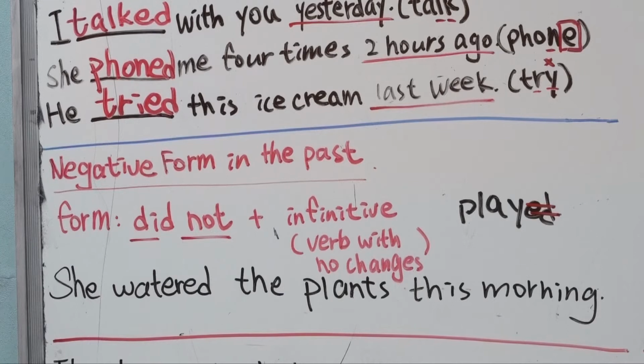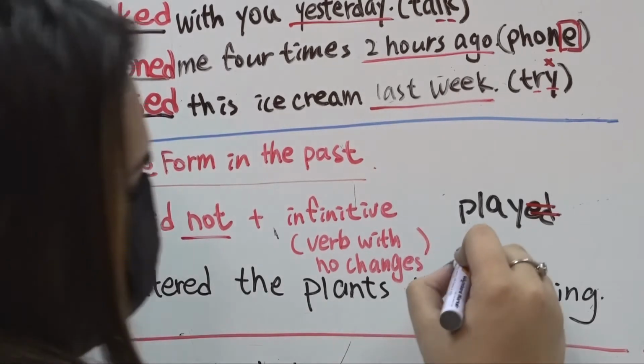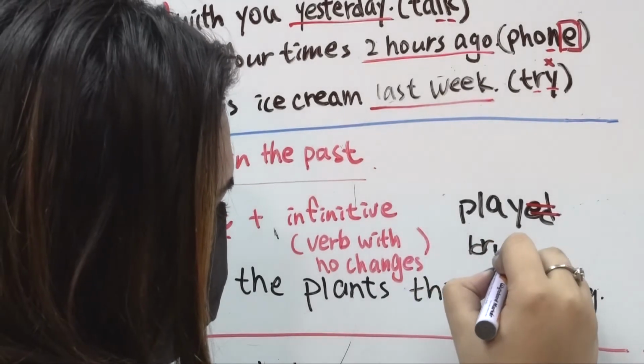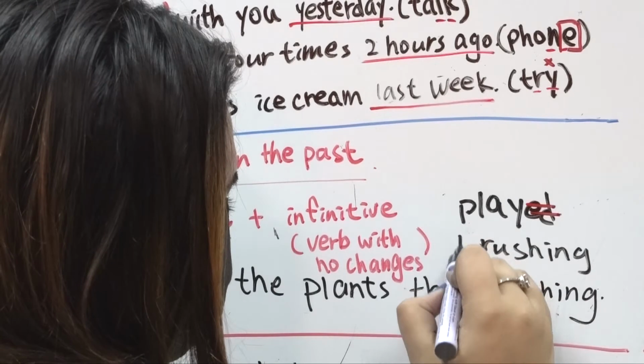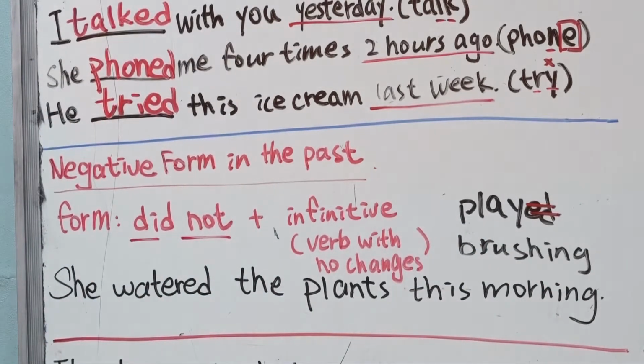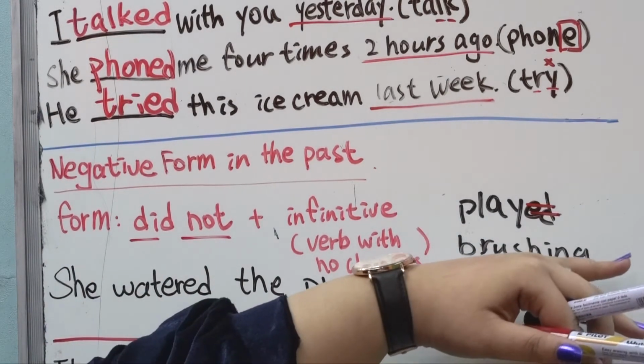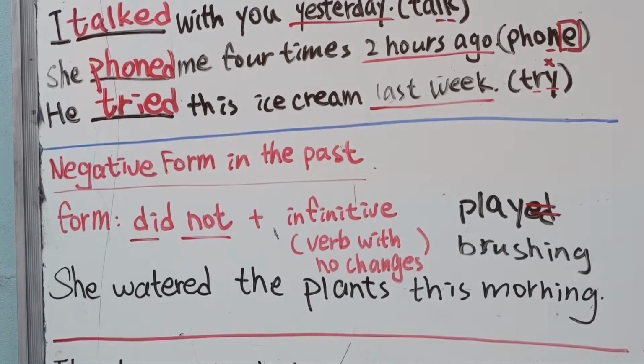Let's do one more example. Okay, this one. So the verb brushing. Is this an infinitive, everyone? 5, 4, 3, 2, 1.